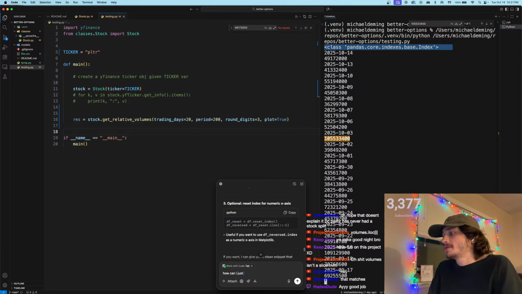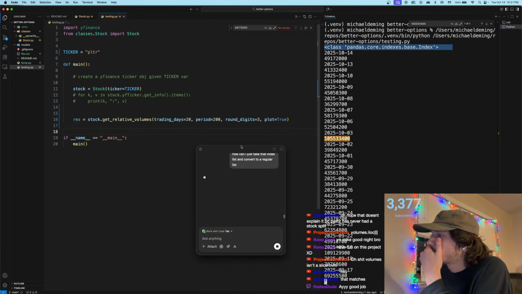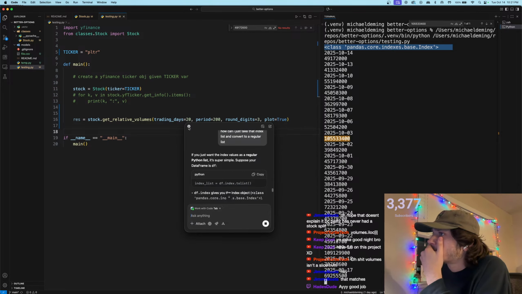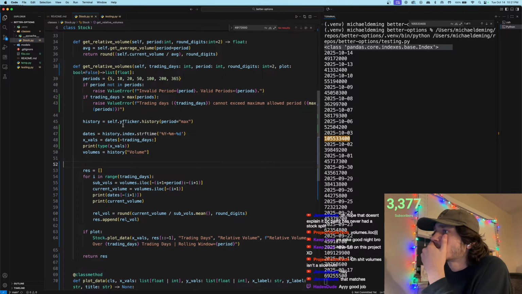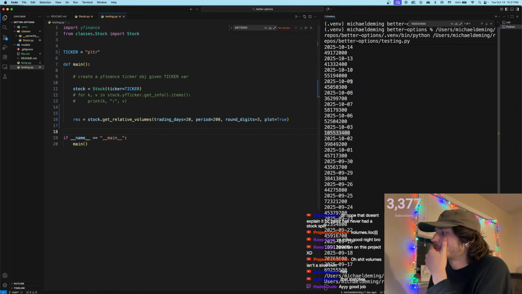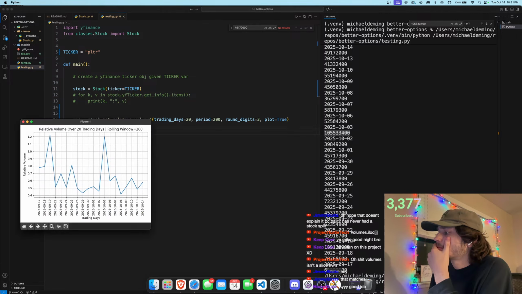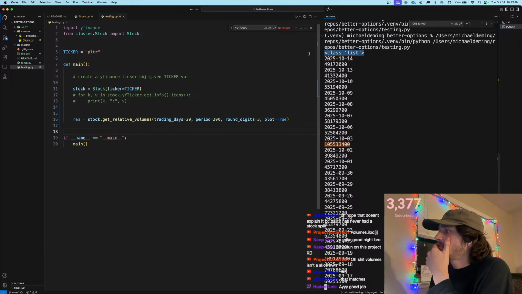How can I just take that index list and convert it to a regular list? There are dates here. Dot to list. So now it's a type of list. Perfect.